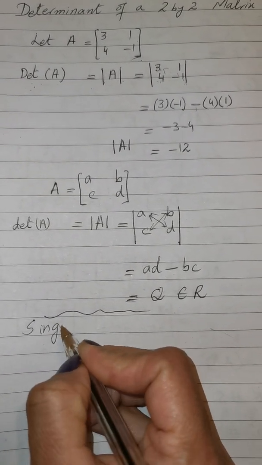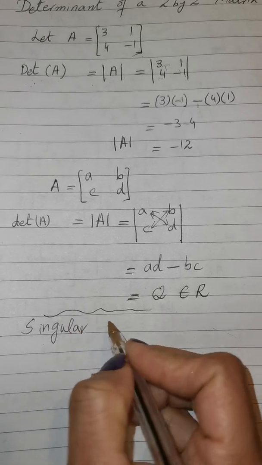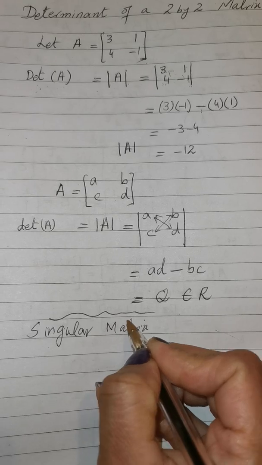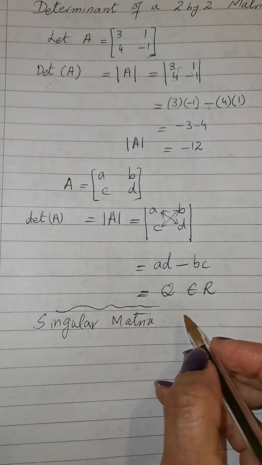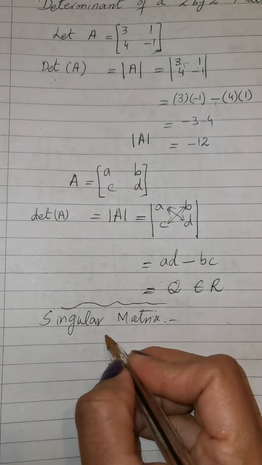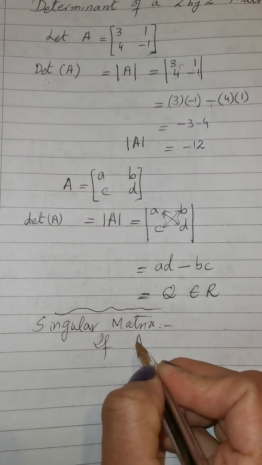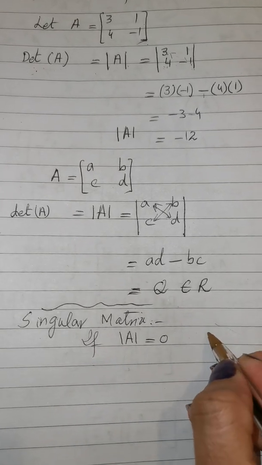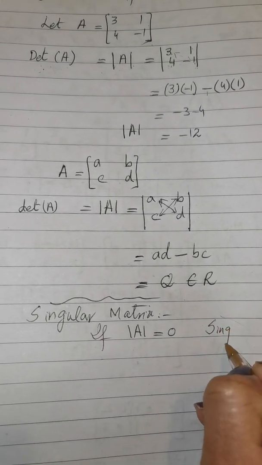Now after you have learnt about determinant, next will be two kinds of matrix. Singular matrix: if modulus of A is equal to 0, then it is a singular matrix, remember that.